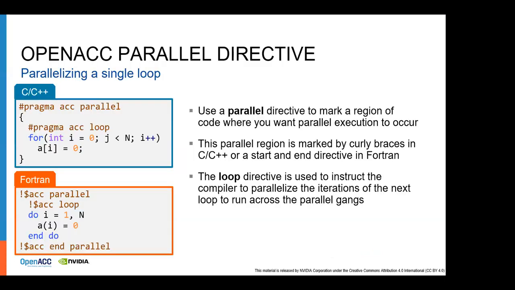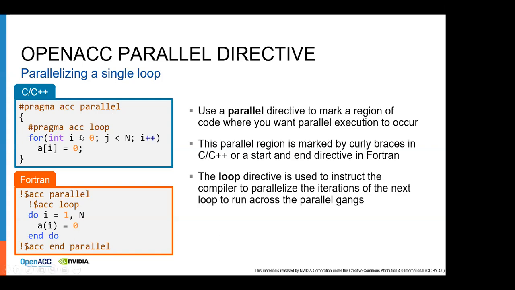So the first construct we will look at is the parallel directive. For those who are using OpenMP, it has almost the same meaning. The parallel directive simply marks the parallel region, the region where you want to apply parallelization, and where you want to offload the code to the GPU.